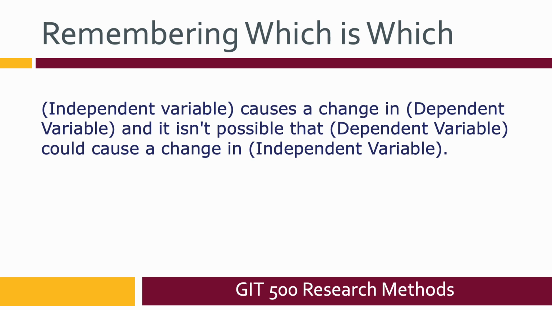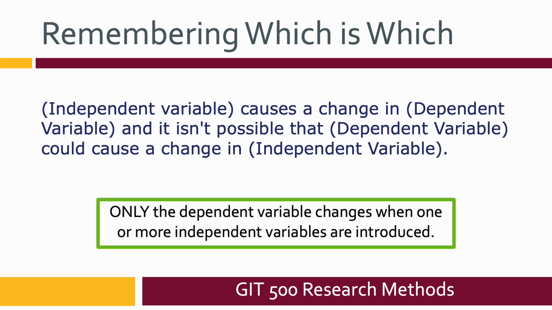So an independent variable causes a change in a dependent variable, but it is not possible that a dependent variable could cause change in an independent variable. Only the dependent variable changes when one or more independent variables are introduced.